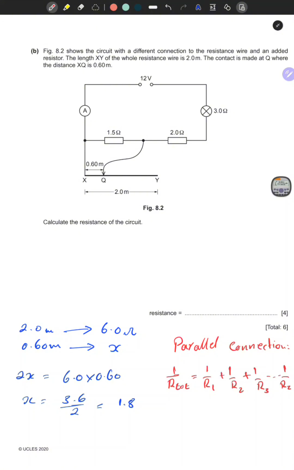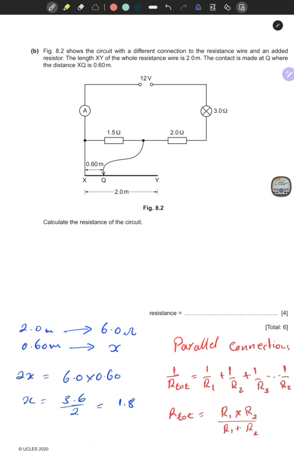All right, and there is a special case when there are only 2 resistors connected in parallel, so our total will equal R1 times R2 over R1 plus R2. It's just the same thing, but we have just cross multiplication to get rid of the two fractions and make it only one fraction.